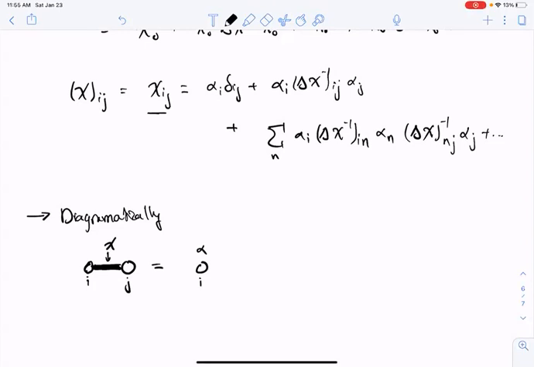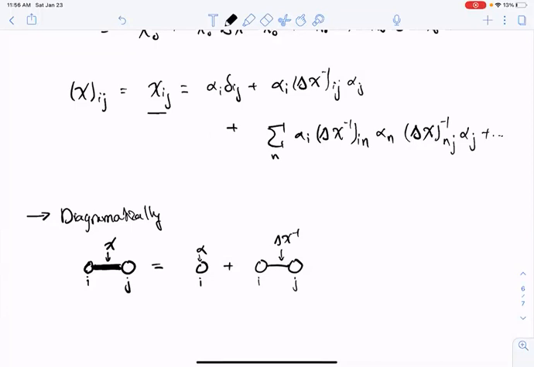This expansion tells us that that's equal to alpha, evaluated at I, plus a small link for delta chi inverse between I and j.